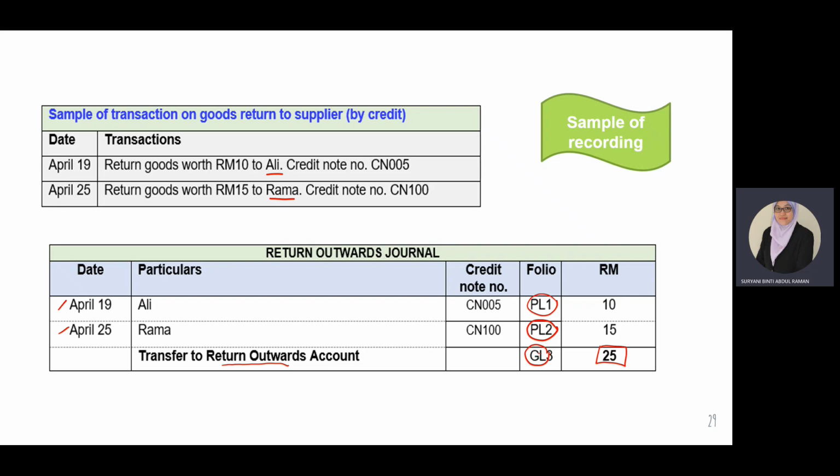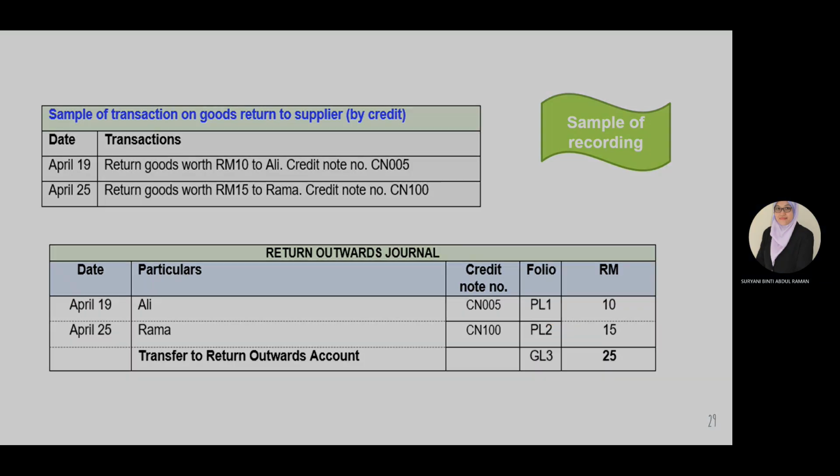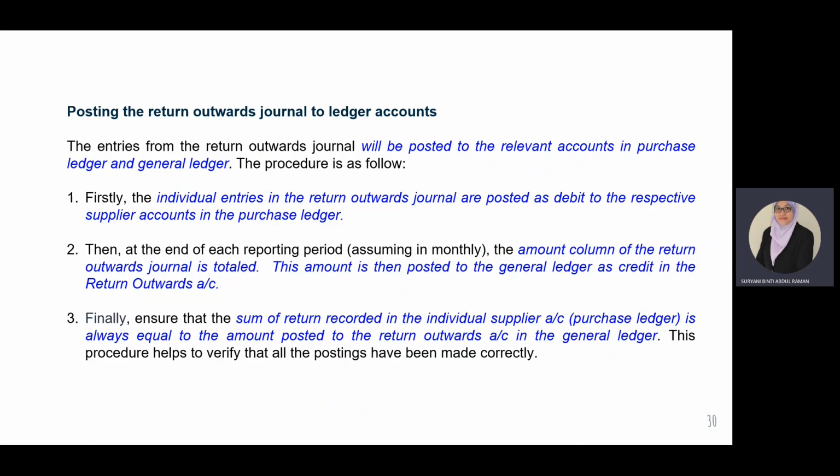Since we have two accounts in the general ledger before, that is the purchase and sales accounts, the returns outward account needs to use the code GL3. Okay, we have to continue the sequence. We have GL1, GL2 already, so we will use GL3 as the reference number for the returns outward account. Next, we will post the transactions in the journal to the ledger account by following the steps.